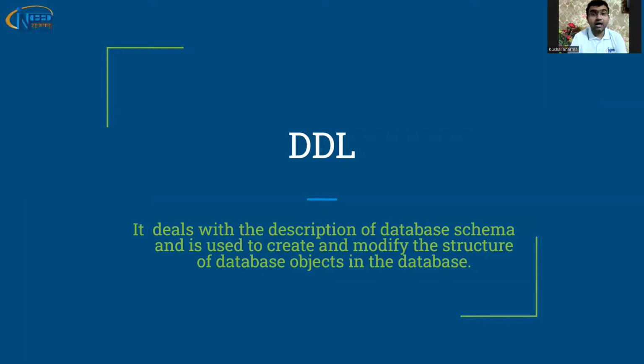DDL, data definition language. Here the word definition is very important because it is about defining the data's definition, or mentioning or writing it. So it is all about the schema or the structure. What is a structure? Let's say you want to store information about all the local Kirana stores in your locality.